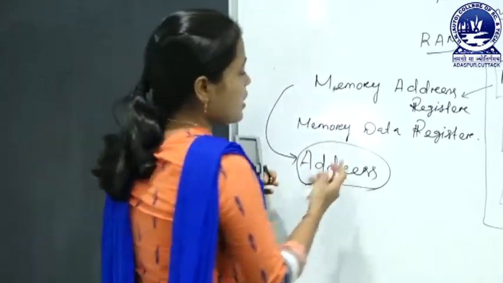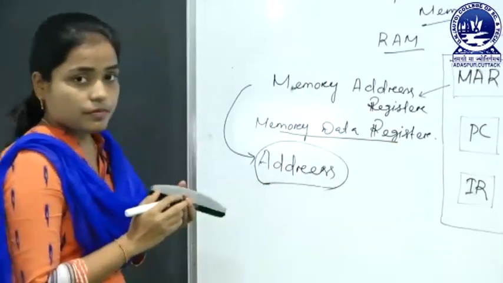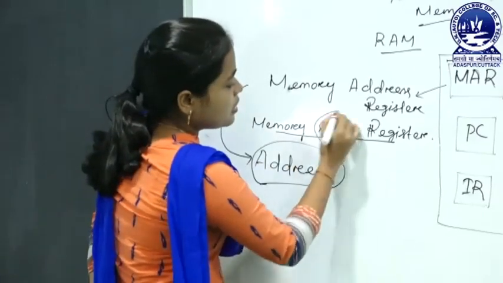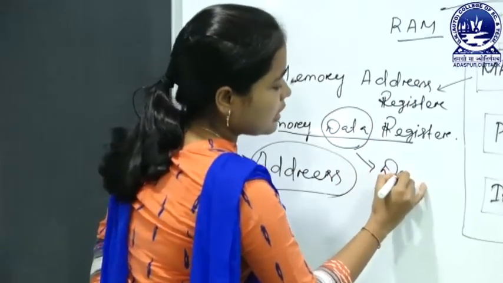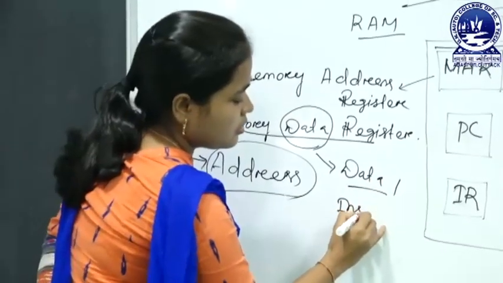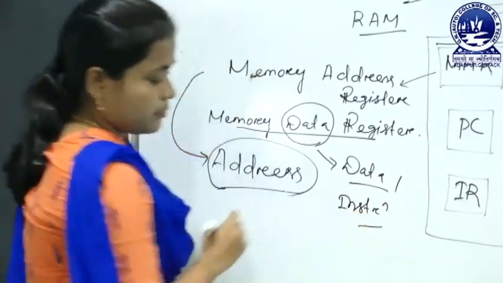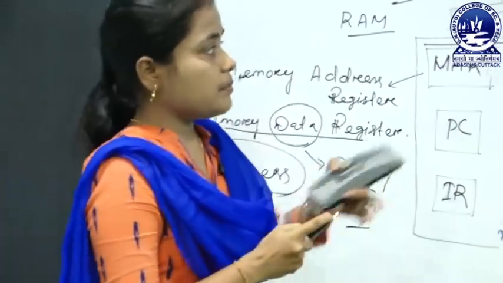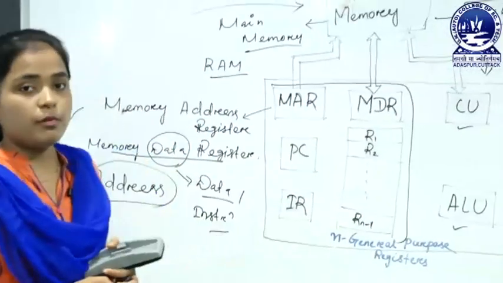And the next one is the memory data register. The memory data register stores the data, sometimes the instruction, which is fetched from the memory.